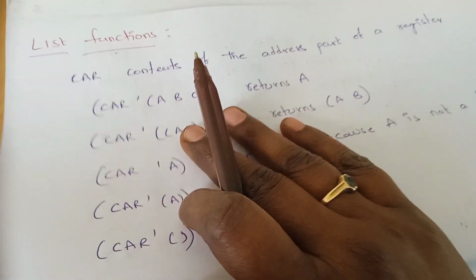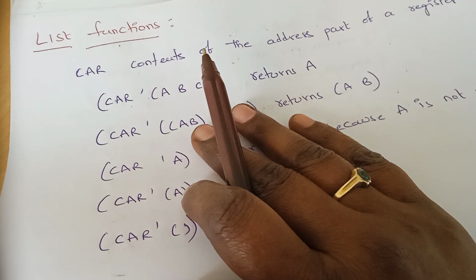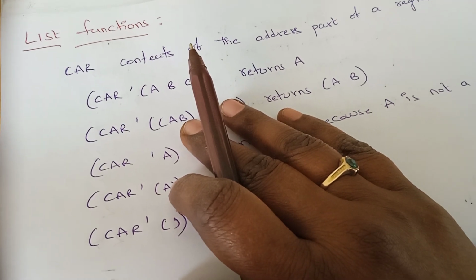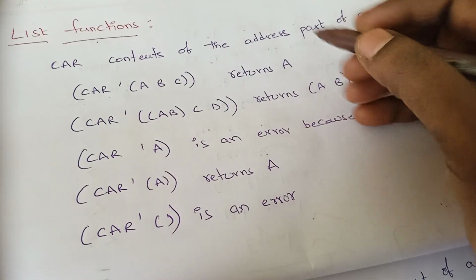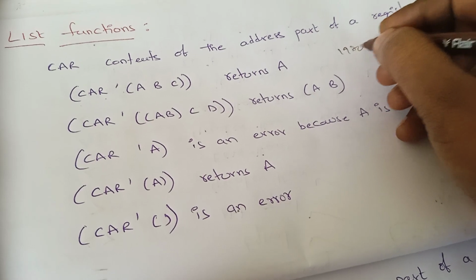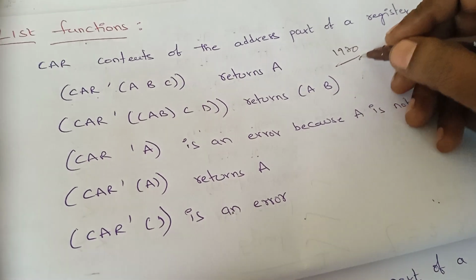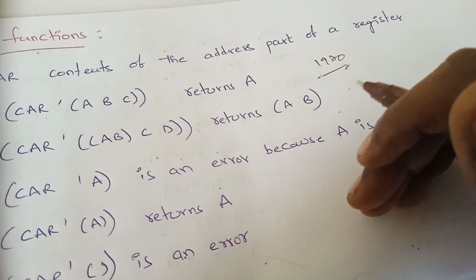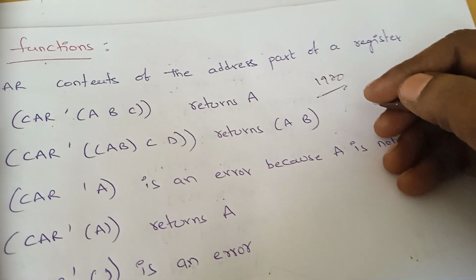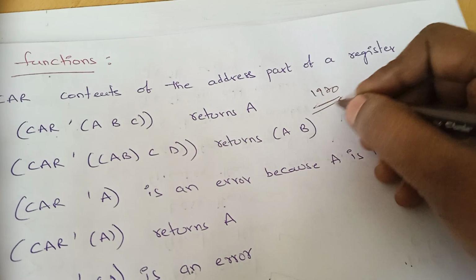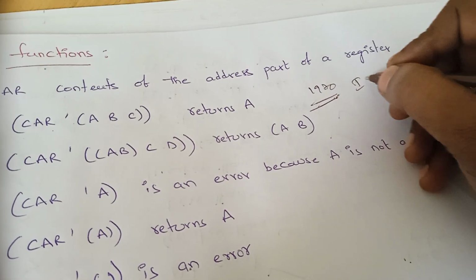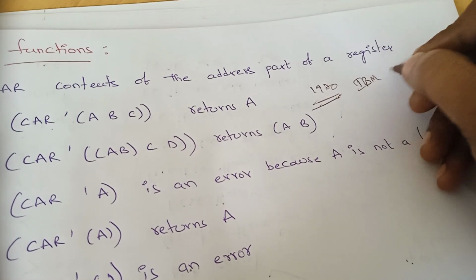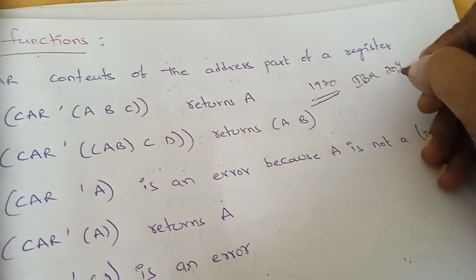The reason to talk about this is, as I told you clearly, Scheme is a language introduced in 1970. At that time, we didn't have the upgraded systems and processors we are using now, like multiprocessors. In 1970, people used the IBM 704 computer.